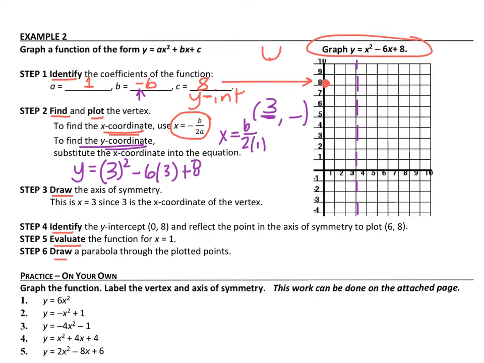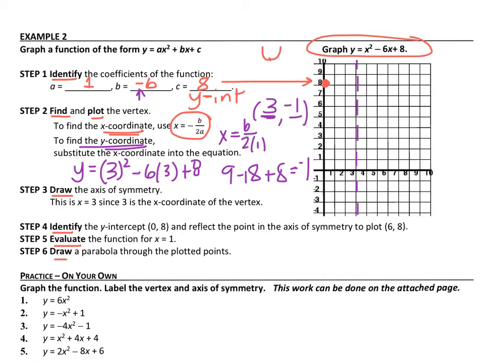So 9 minus 18 plus 8. So that means that the vertex is actually (3, -1), because our y value equals negative 1.